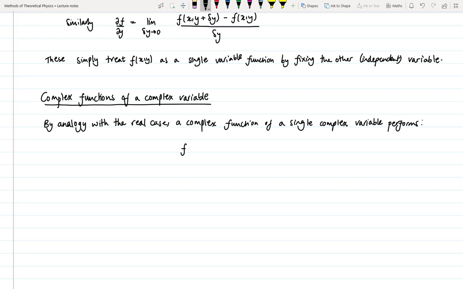So the function f maps some input complex number to some output complex number. In other words, this maps the complex plane to the complex plane.